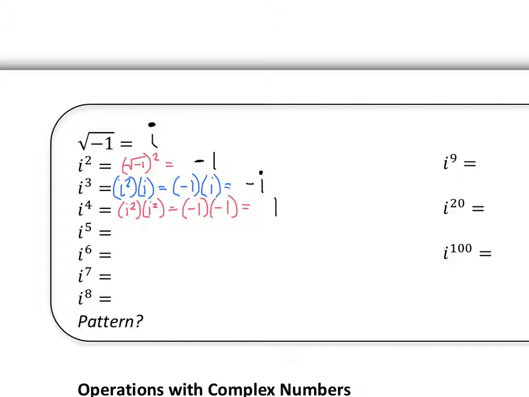Now the i to the 5th, let's break it down. i to the 4th is pretty simple. It's just 1, correct? So let's break it down into i to the 4th times, what would it be timesed? Just i, because we need 5 of them. We've got 4 and then 1. So i to the 4th is 1 times i gives us i.